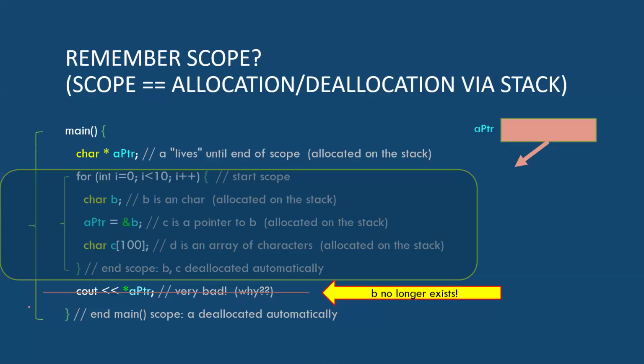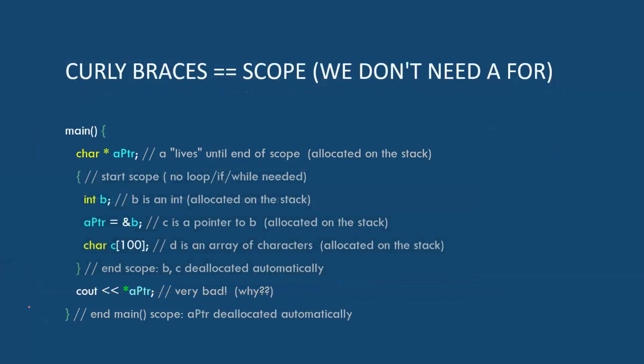Okay. Now, as it turns out, there's nothing really magical about the for loop that creates that scope. Any pair of curly brackets creates temporary scope. So this is one thing that I didn't know for a very long time about C++. If you want to create a little temporary neighborhood where things are useful and then they go away, all you got to do is wrap them inside of some curly braces. This is a really good trick.